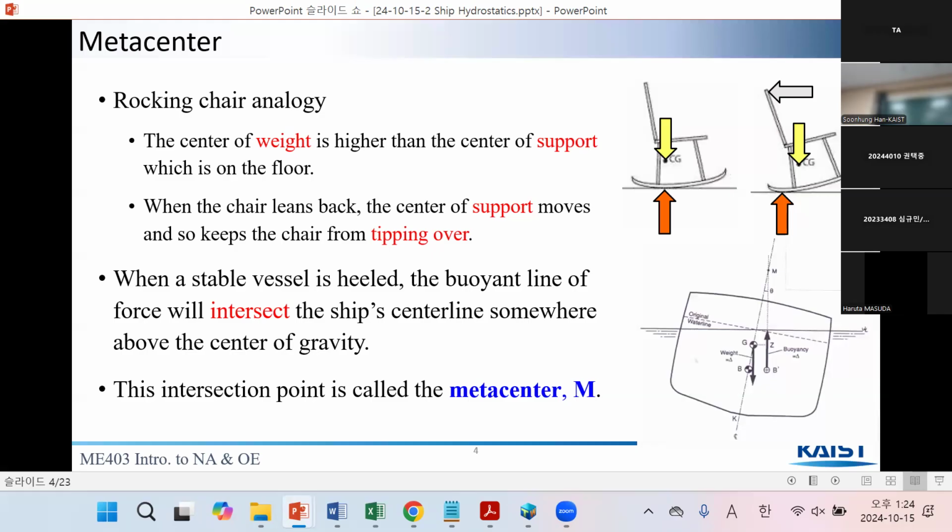So they have differences when the rocking is going, tipping over, right? The intersection is very similar to this. G is moving, M is slightly moving. We assume that this is for a small angular inclination.